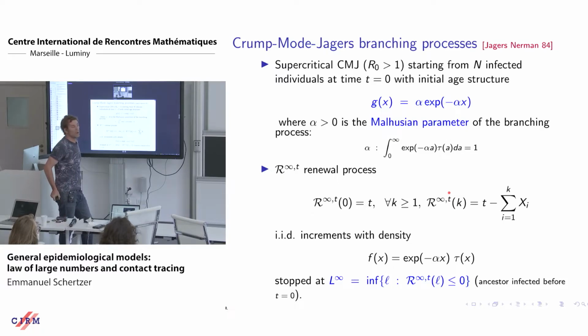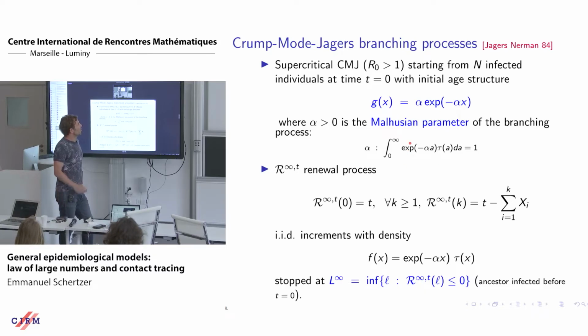Okay, they start from a large number of infected individuals, and they assume that the population at the reference time, t is equal to 0, has reached an equilibrium, namely that the initial age structure of my population is given by this exponential distribution. Okay, where alpha here is the so-called Malthusian parameter of the branching process, so the unique alpha such that this quantity is equal to 1. Okay?